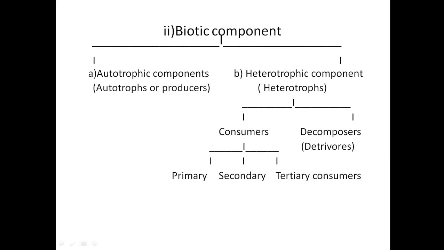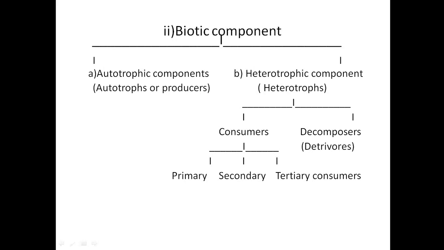They are the organisms which can produce their own food. For example, plants. As plants produce their own food, they are known as autotrophs. Auto meaning self, that means they self-produce their own food, or they are known as producers.